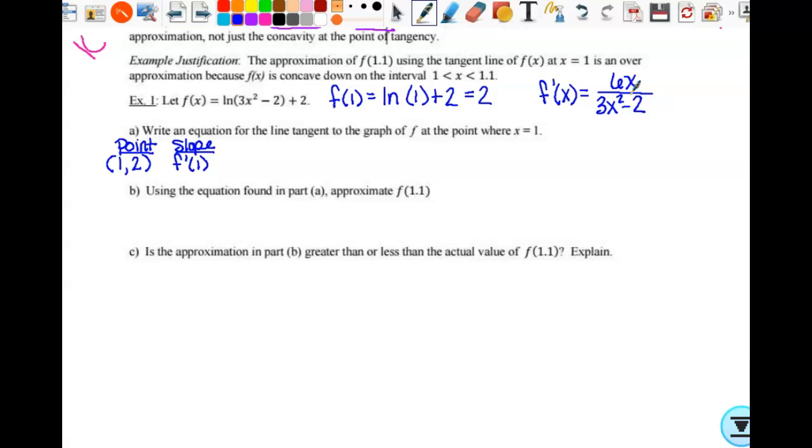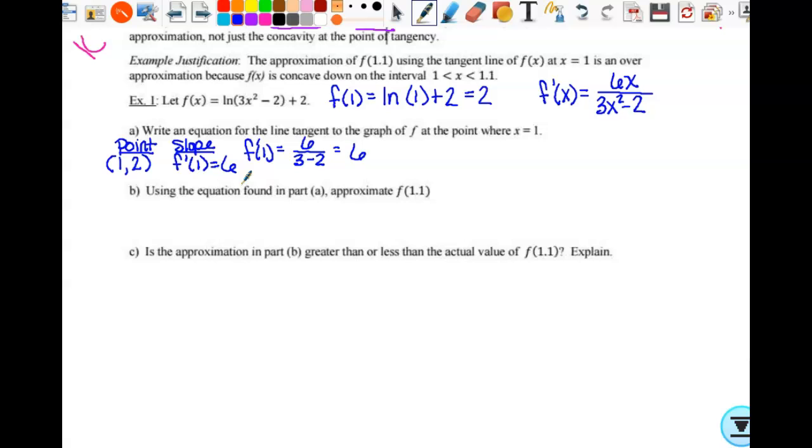So then I need to find f prime of 1. It's going to be 6 over 3 minus 2, so that is 6. So I have my slope, and I have my point. Everybody with me?